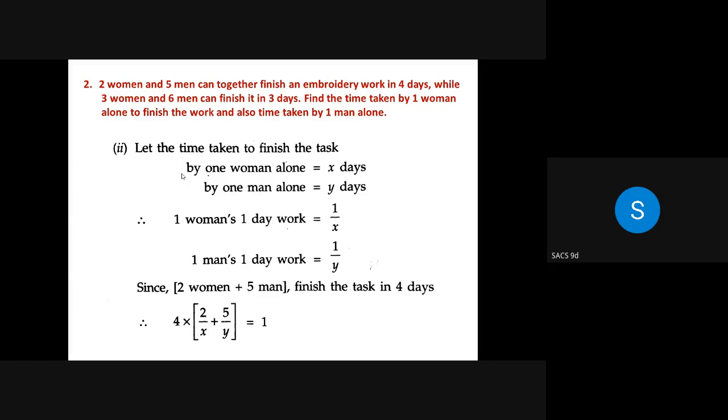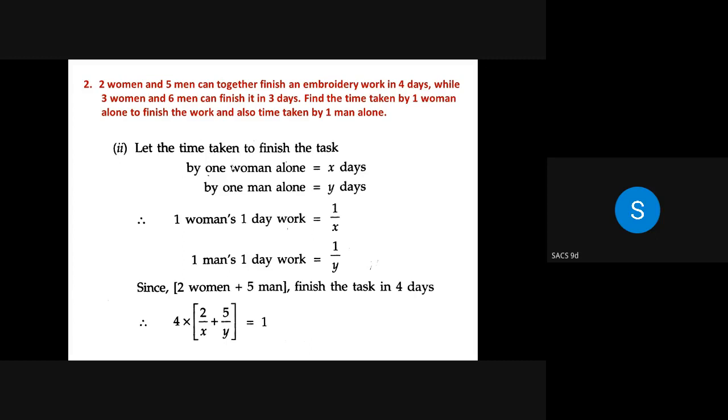So if I'm taking 2 days to finish a work, in 1 day I can finish half of the work. Okay, if I'm taking 4 days to finish the work, then in 2 days I can complete half of the work. So in same way, if a person is taking 10 days to finish the entire work, in 1 day he can finish 1 by 10th of the work. That is the fraction of the work he can complete in that much time.